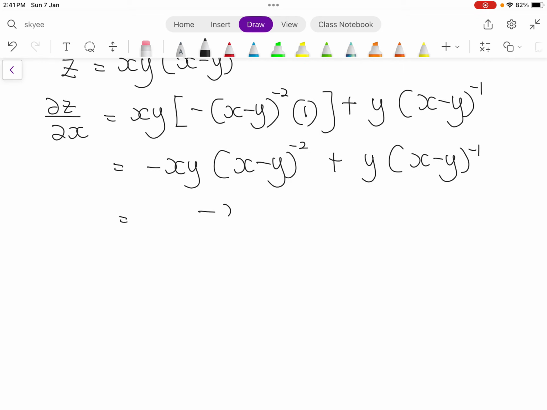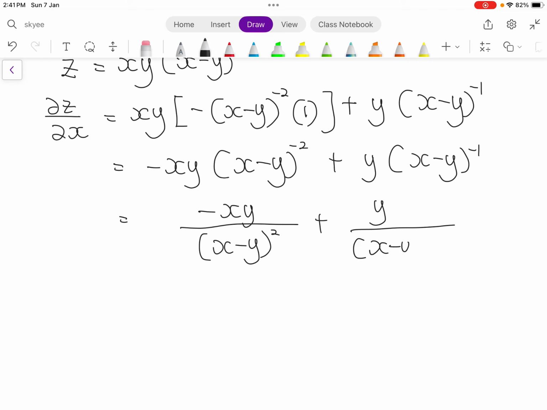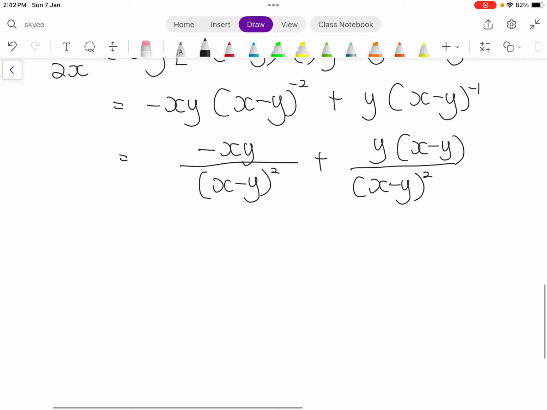So you could write it as negative xy over x minus y squared, and then y over x minus y is power 1. If you want to make it power 2, you have to multiply with x minus y.